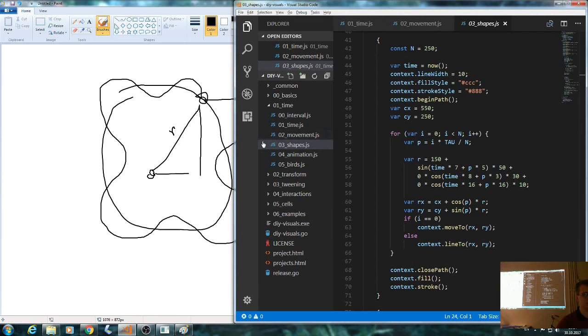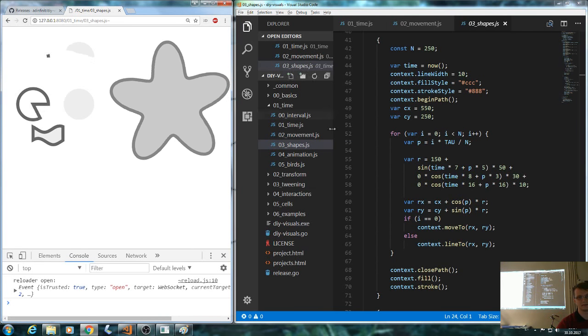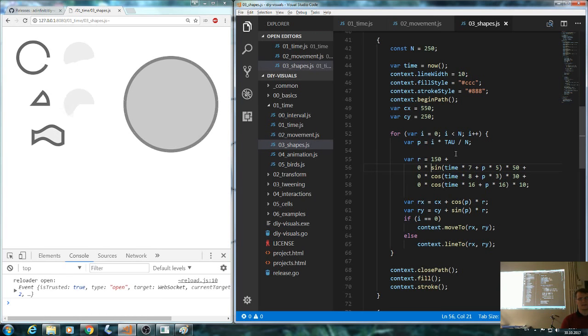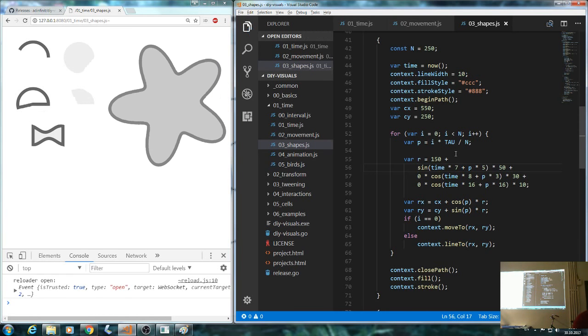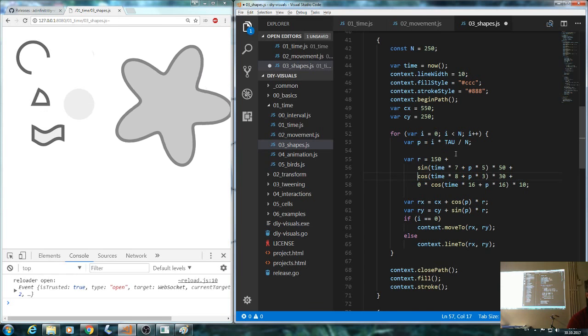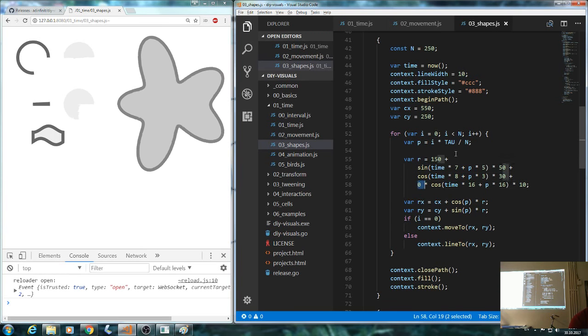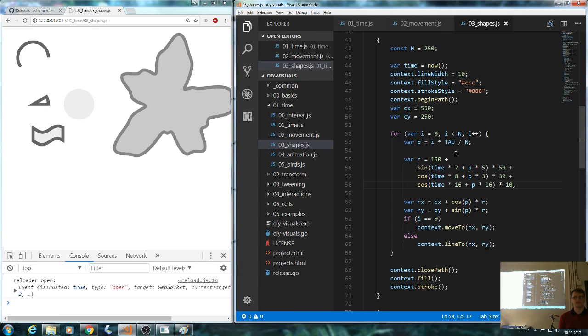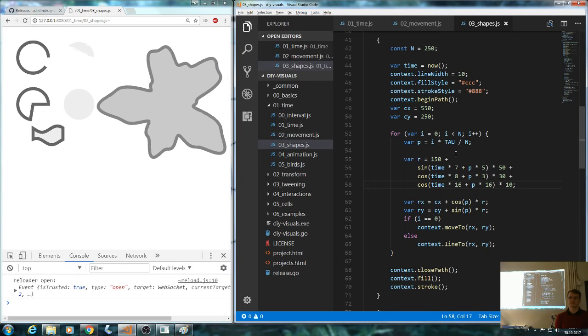So you can see this is the end result here. When I take away this modulation on the radius, we get the circle, and then we can start layering different effects here. So I can add even more things based on time and combining different functions to get fancy shapes.